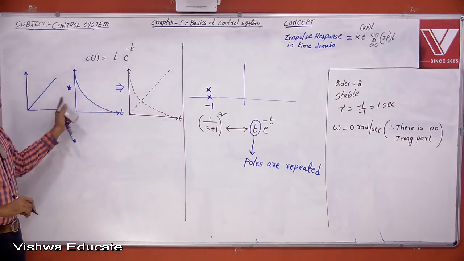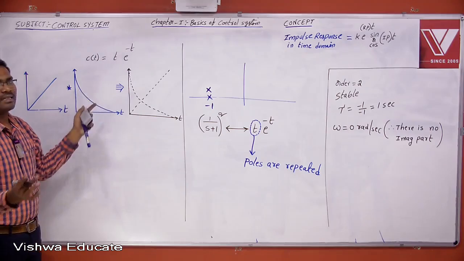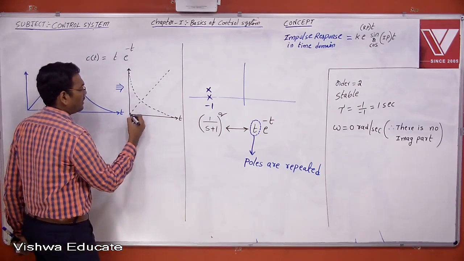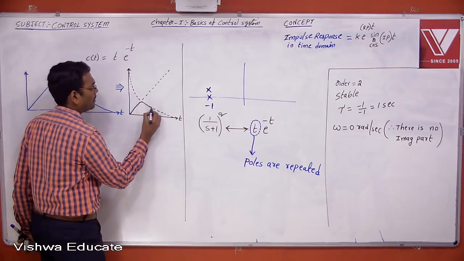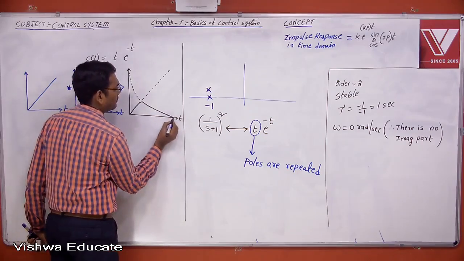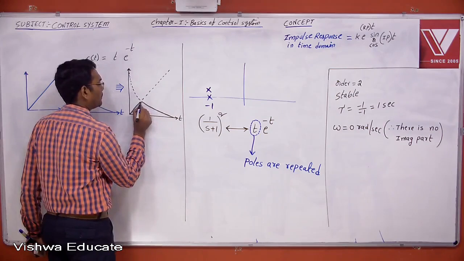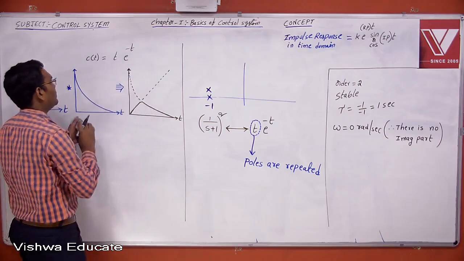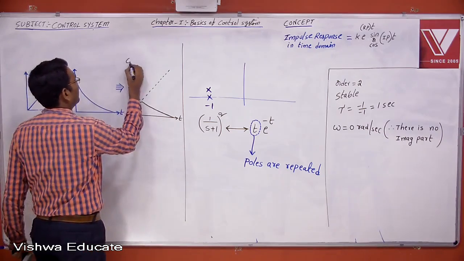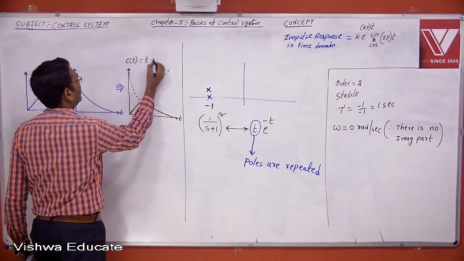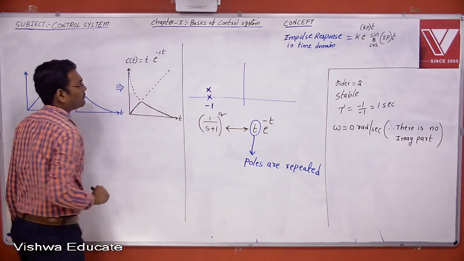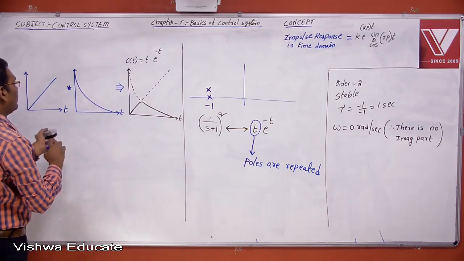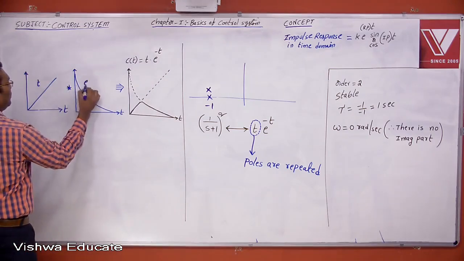Now the ramp multiplied with exponential decaying. Multiplication is nothing but common area, common limits. What is the common area, common limit? This is ramp and this is exponentially decaying. Now this is the impulse response in time domain, which is nothing but t into e power minus t, the combination of a ramp and exponentially decaying.